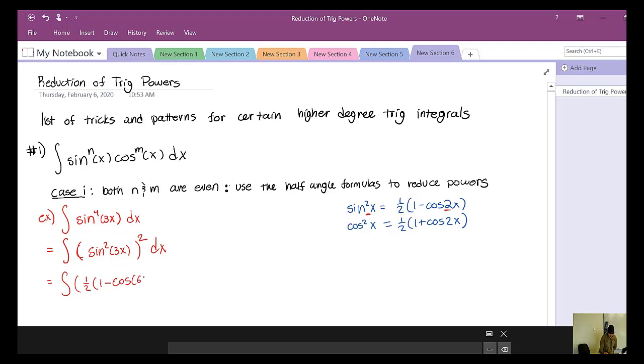Right, and that's all squared. So now, let's pull out the 1/2 just to make it clearer. So 1/2 squared becomes 1/4.